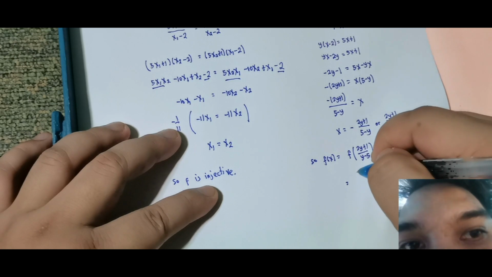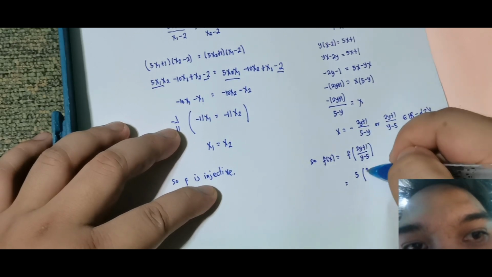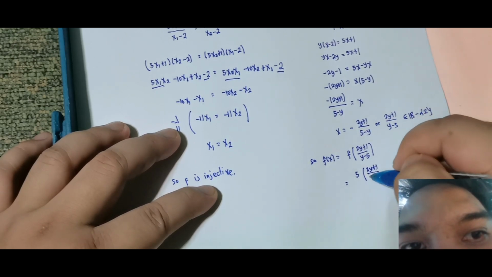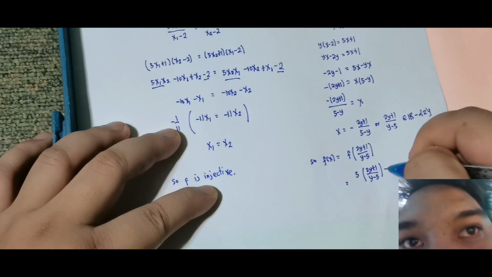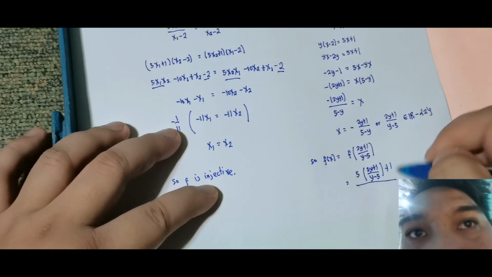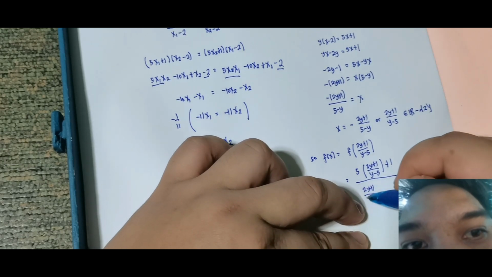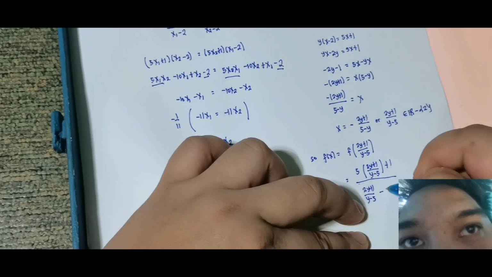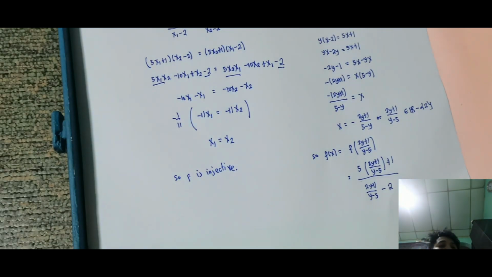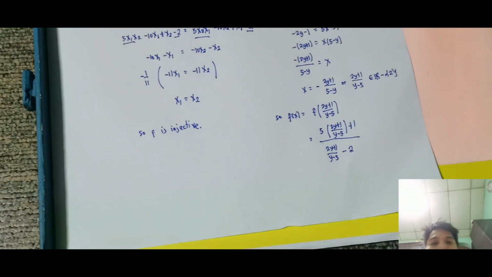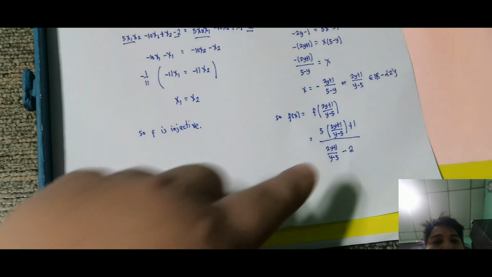So this is equal sa 5 times (2y plus 1) over (y minus 5) plus 1, all over (2y plus 1) over (y minus 5) minus 2. Medyo mahaba. Okay, and that is equivalent sa multiply natin yung whole equation sa y minus 5, para makancel lang sa ilalim.